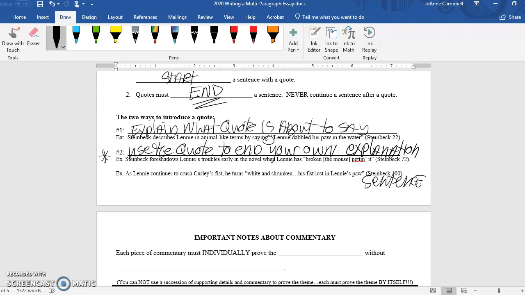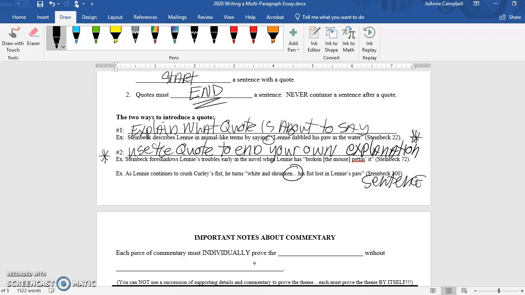Okay, so the quote actually is worked into the functioning of the sentence. Same thing with the other one. As Lenny continues to crush Curly's fists, he turns white and shrunken, his fists lost in Lenny's paw. So there's no stopping, no commas needed, because it's all part of the same sentence. It just works together, sounds great. This is really the type of quote intros you should be working towards.